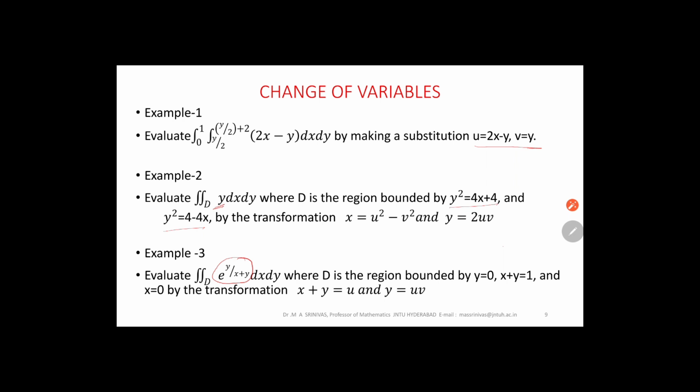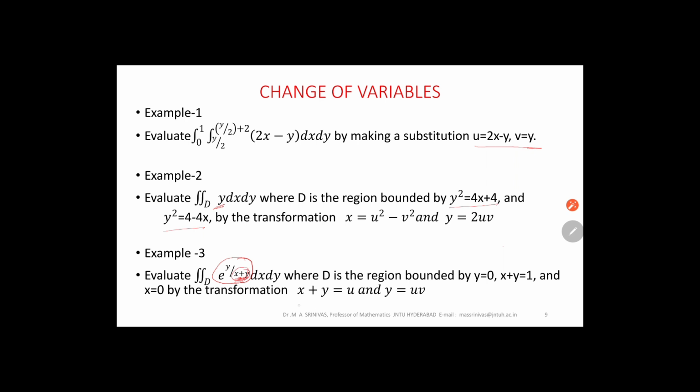Integration of e power 1 by y is also not easy to evaluate. So that x and y is there in the denominator. Whether you integrate first with respect to x or y, in any case, this will make you trouble to solve this. So make this as one variable.